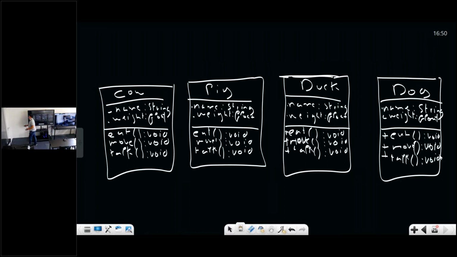So as you can see, I need to declare in each of my animals the name, the weight, each time. And it's move, talk, move, talk, for each. And for example, we know that our cow, pig and dog are moving in the same way, or eating, and all my animals are eating in the same way.